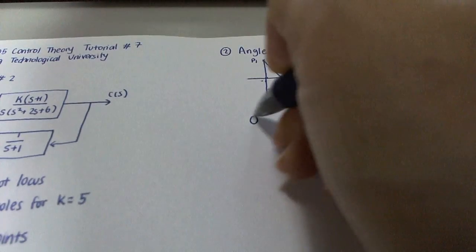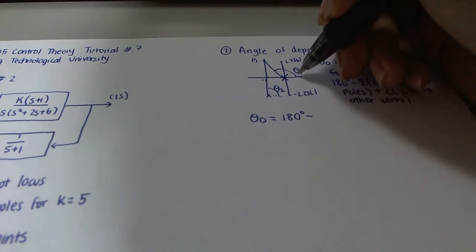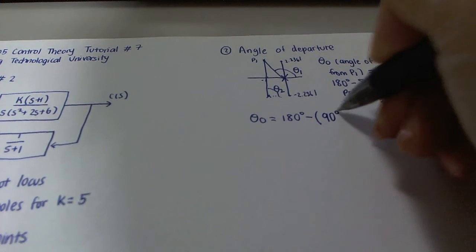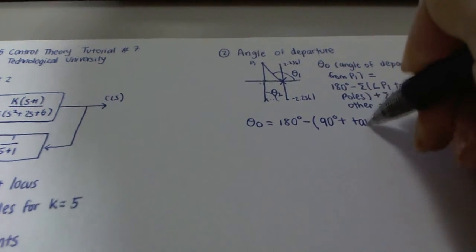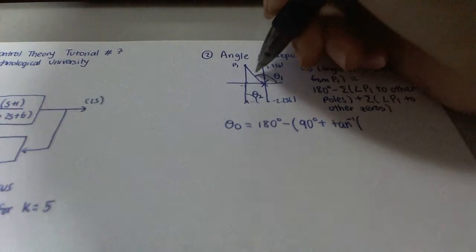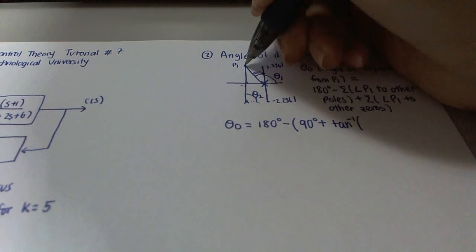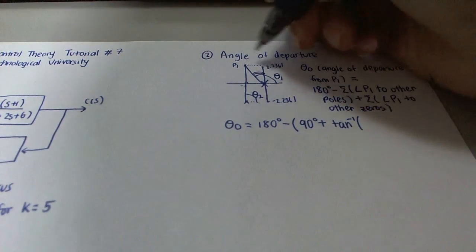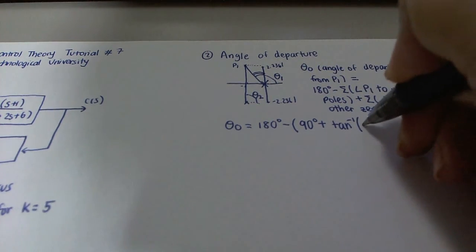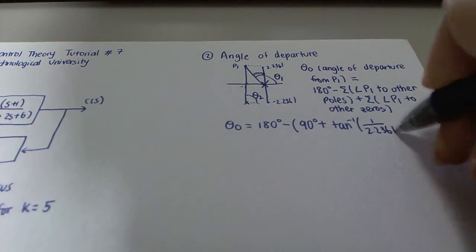So we have θ0 equals 180 degrees minus the first one over here, which is 90 degrees plus tangent inverse of, basically, this angle over here. So the tangent inverse of this angle equals the length at the x-axis, which is 1, divided by this length over here, which is 2.2361.